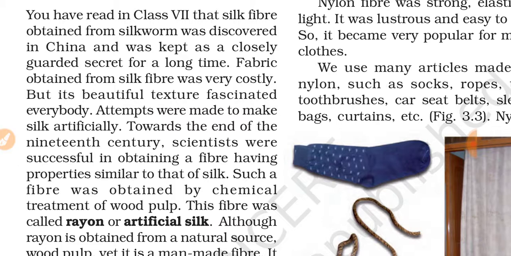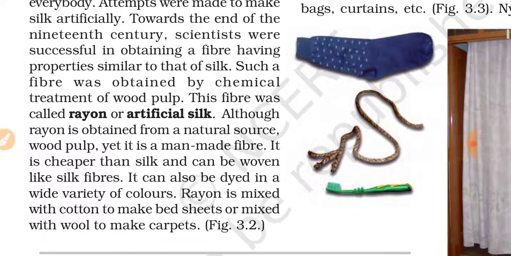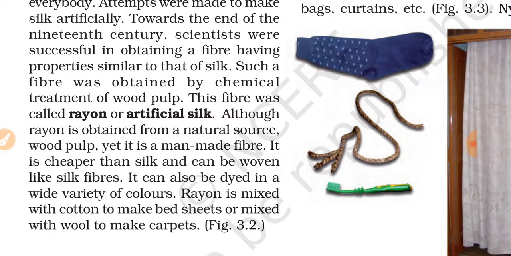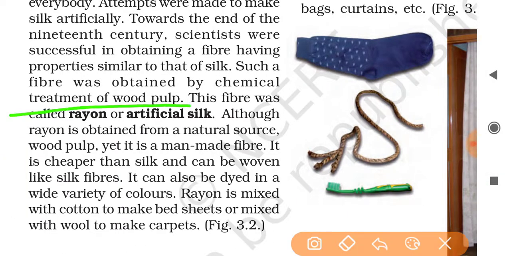Towards the end of the 19th century, scientists were successful in obtaining a fiber having properties similar to that of silk. Such a fiber was obtained by chemical treatment of wood pulp. This fiber was called rayon or artificial silk.